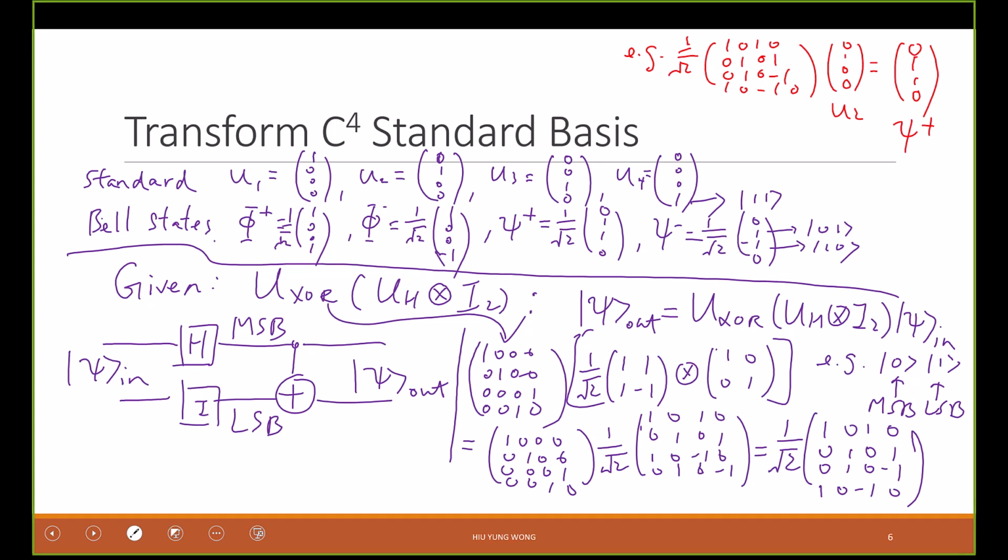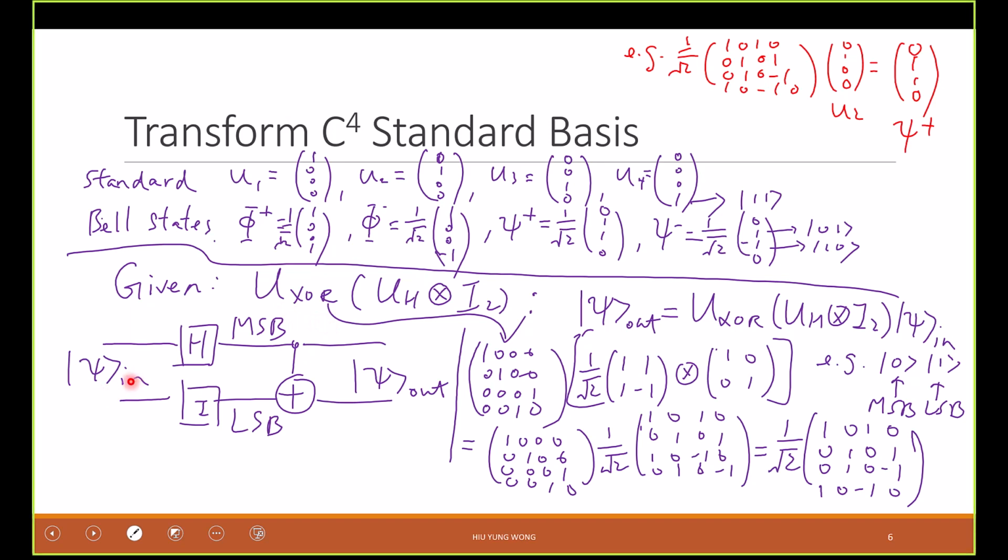So again, in the equation, you go from right to left because you're doing matrix multiplication. A matrix multiplied by a vector becomes a vector. So you go from right to left. The first thing you see is UH tensor product I2. The second one you see is U exclusive OR.